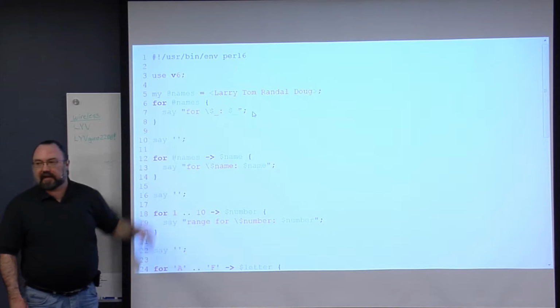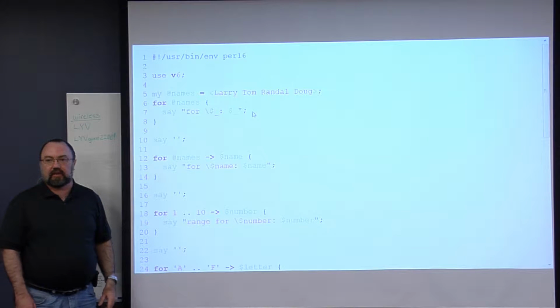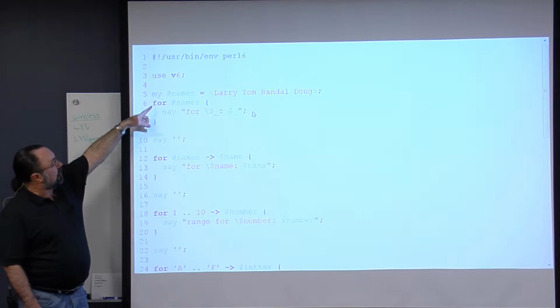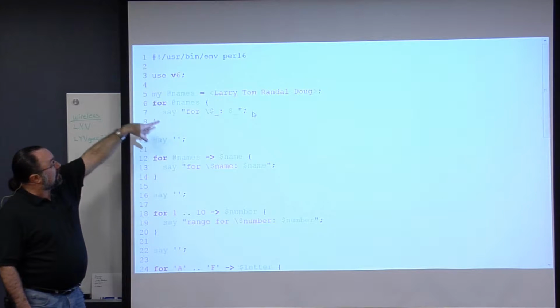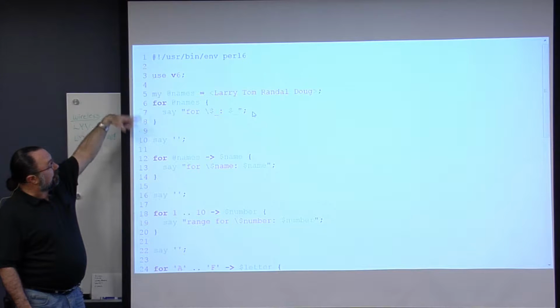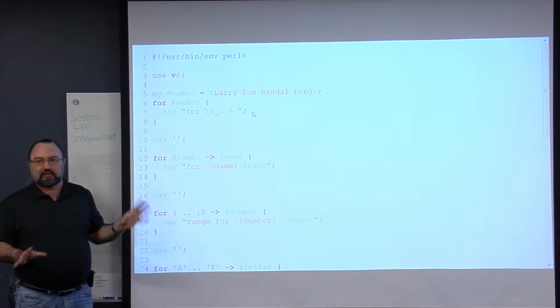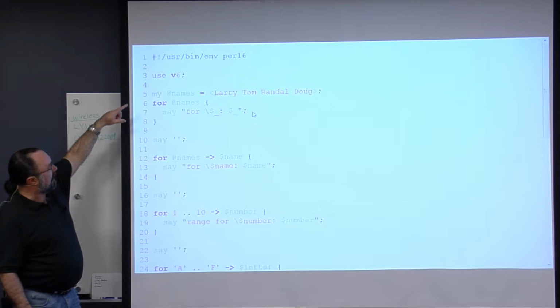Just the angle brackets around it does the same thing as QW. So that's all it's doing, putting it into an array. And then I'm giving you a loop that's a little closer to Perl 5 than the Perl 6 way I'll show you later.